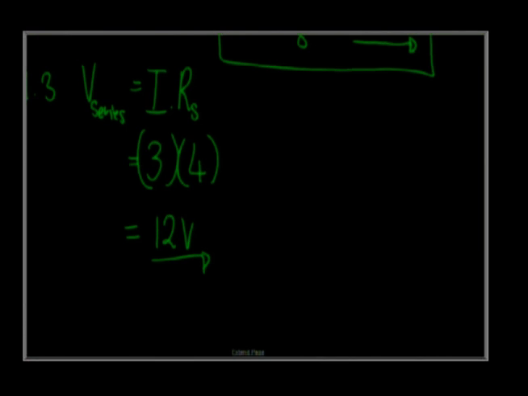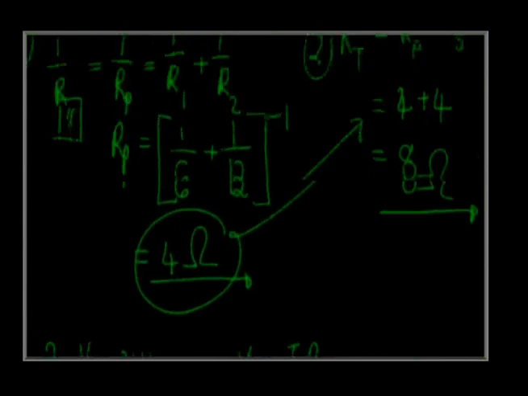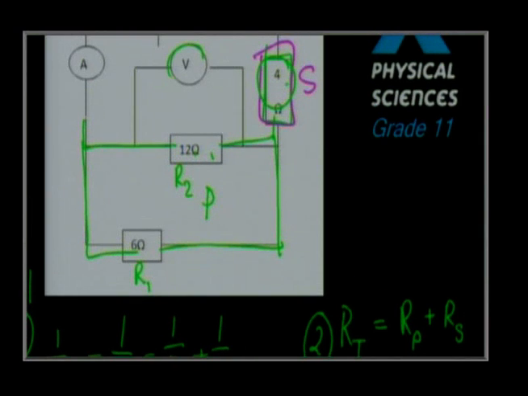Now, if we look at our circuit, the total potential difference is equal to the potential difference for my parallel connection plus the potential difference for my series component. Total potential difference was given to us as our 24 volts. The parallel is what they ask us. If we go back over here, we see this voltmeter is connected in parallel, and this is the one that they want us to calculate.